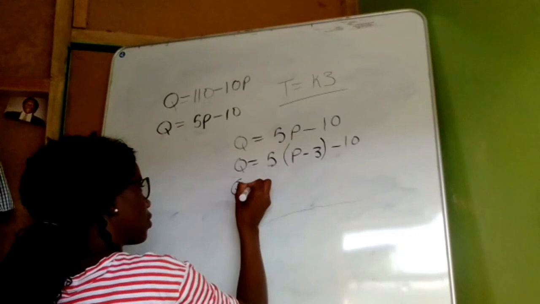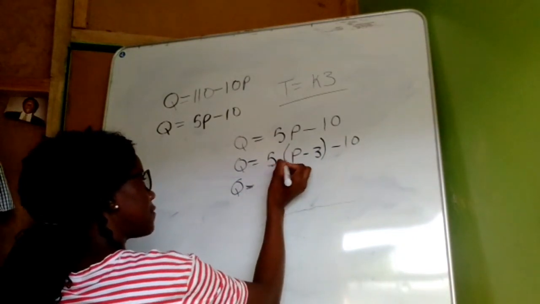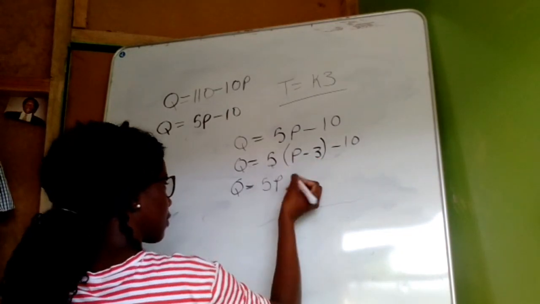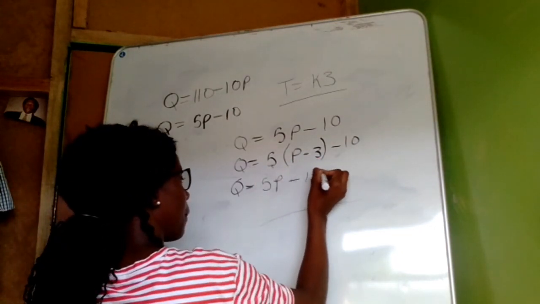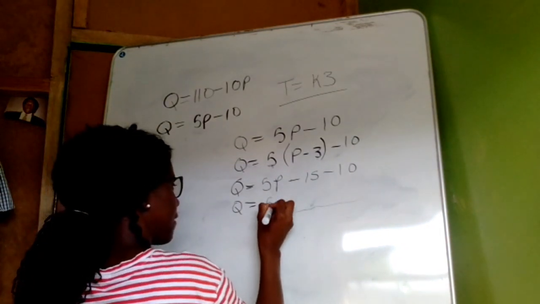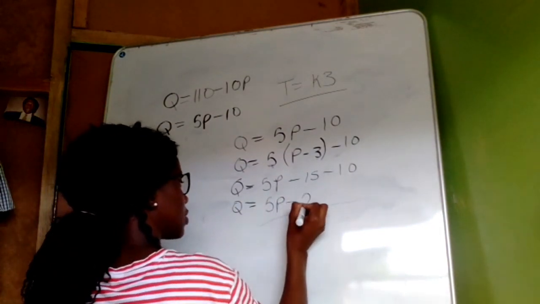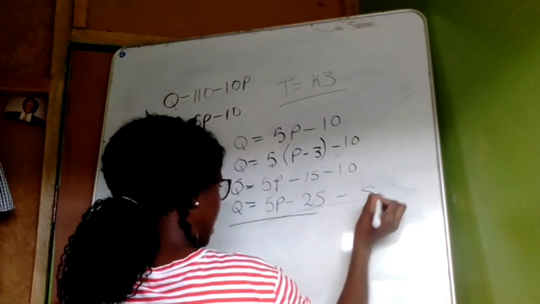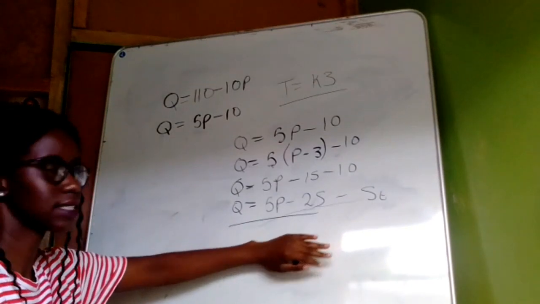So Q is equal to, we expand this: 5 times P, that's 5P, 5 times -3, that's -15, minus 10. So Q is equal to 5P minus 25. This is the equation for supply after tax.